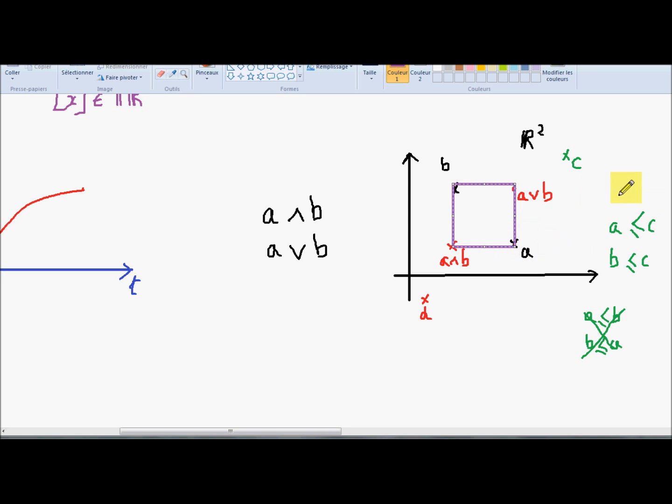And if I have any set, for instance, such as this set, I can always define the interval envelope of a set. Okay, this is an example of a lattice, but the set of trajectories is also a lattice.